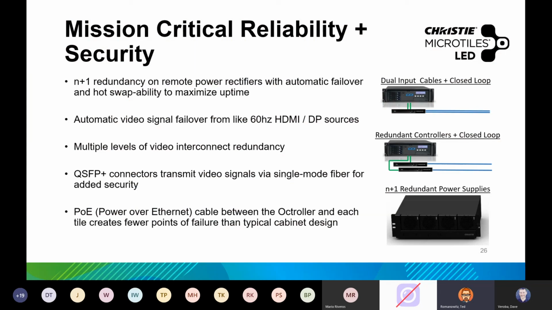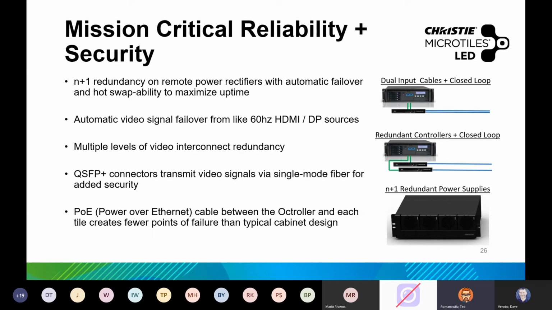Next slide. So I mentioned the telecom grade power supplies. Remote power supplies come with N+1 redundancy, automatic failover, hot swappability. That provides a lot of mission critical reliability.